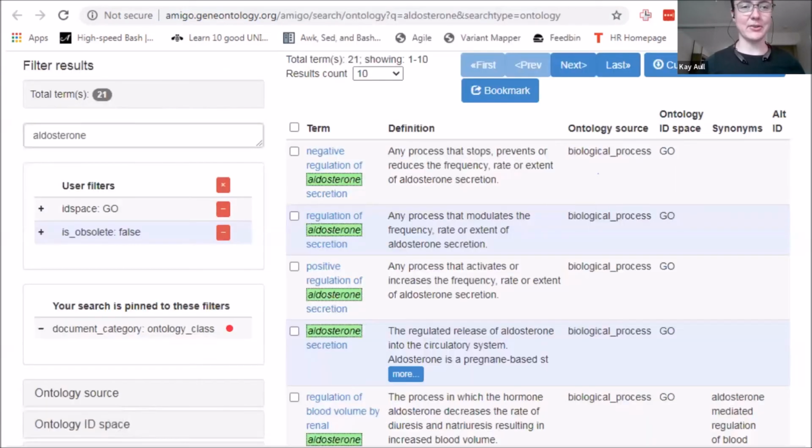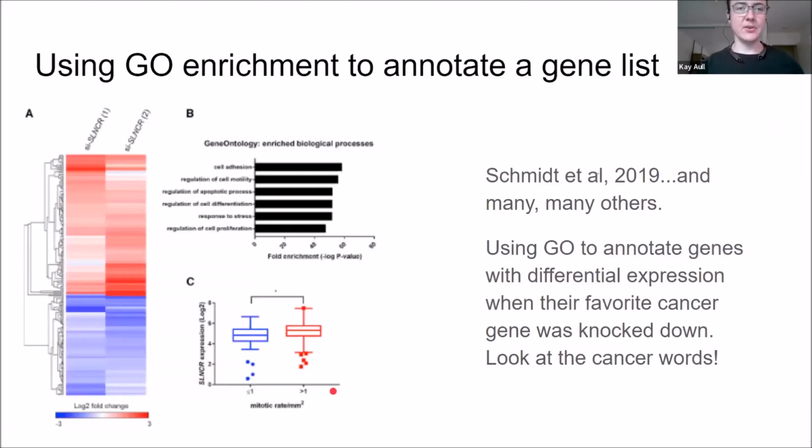So I was actually looking at this. So what genes are involved in aldosterone? And you have these search terms that are things related to aldosterone. You have positive regulation, negative regulation, regulation of blood volume by aldosterone, and each of these come with their corresponding list of genes that you can download.